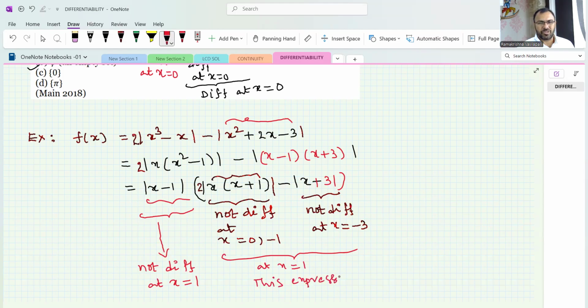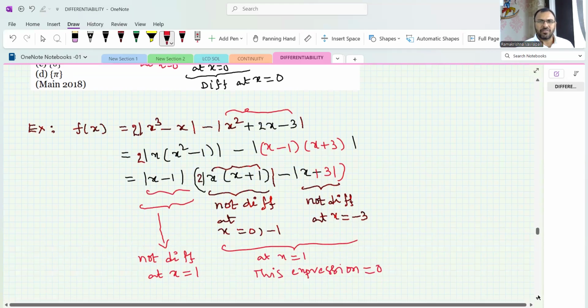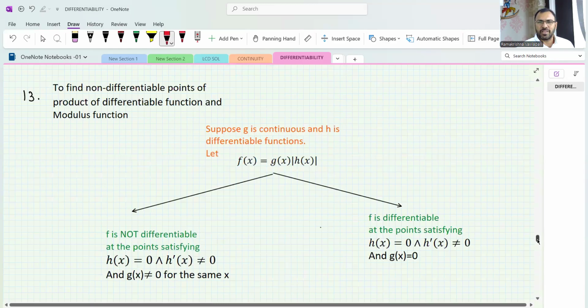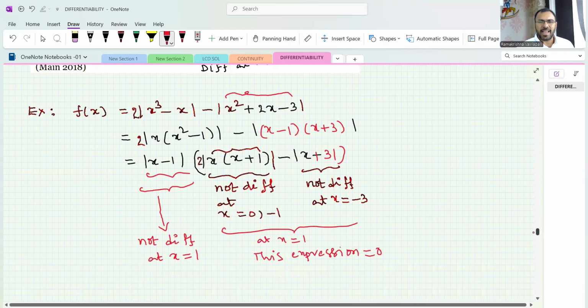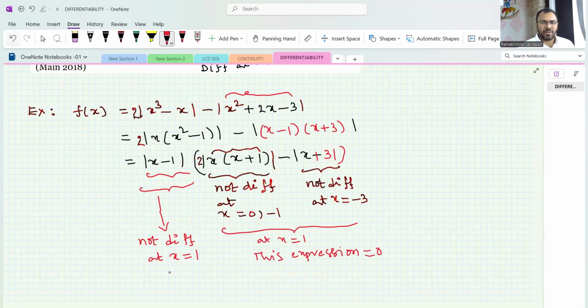This expression is 0. So again, this is non-differentiable, but the function multiplied beside it becomes 0. So therefore, it is entirely differentiable at x equal to 1.